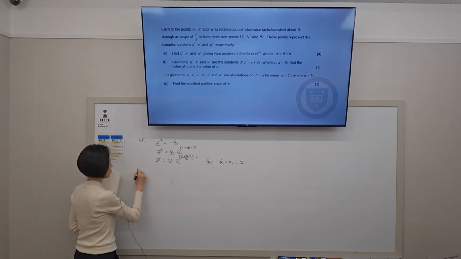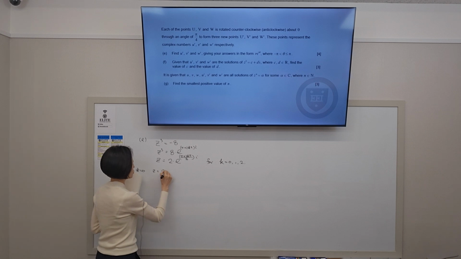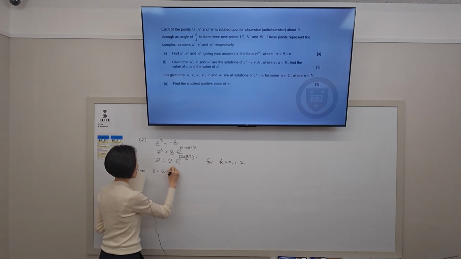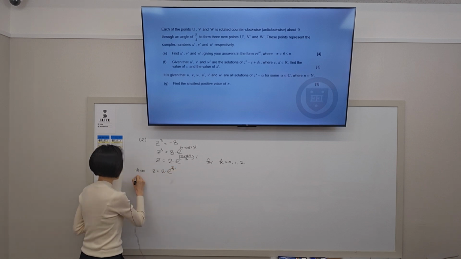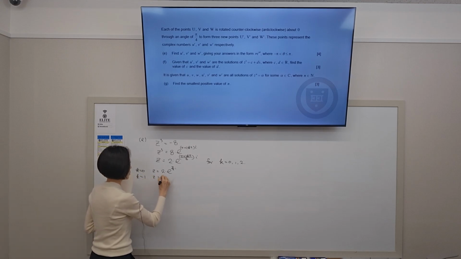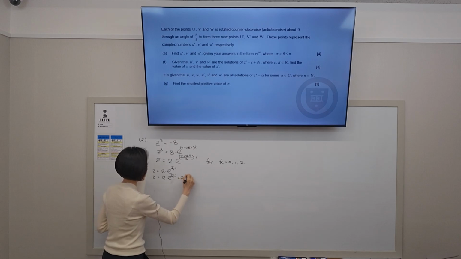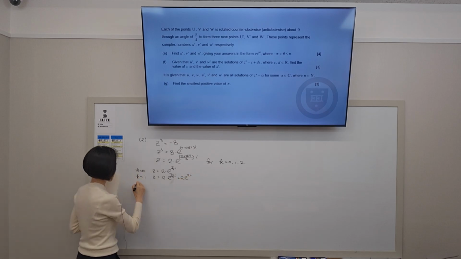So when k equal to 0, Z is 2 times e to the power of 3i. K equal to 1, Z equal to 2 times e to the 3 pi over 3i, which is 2 e to the pi i.